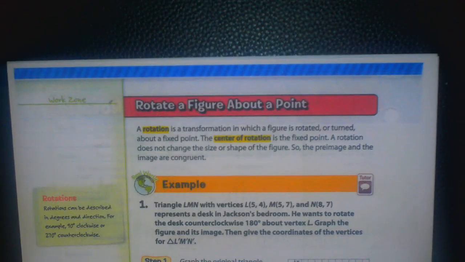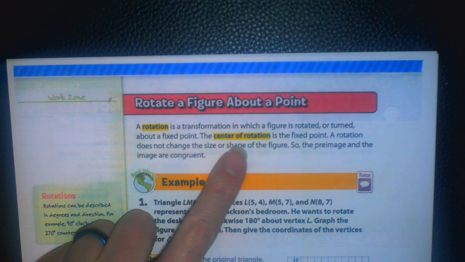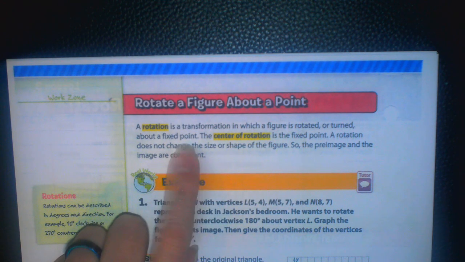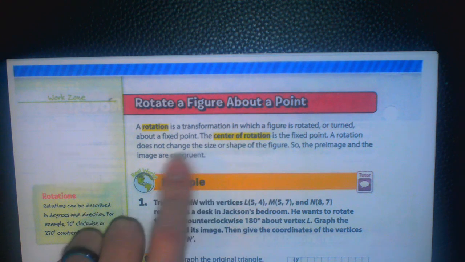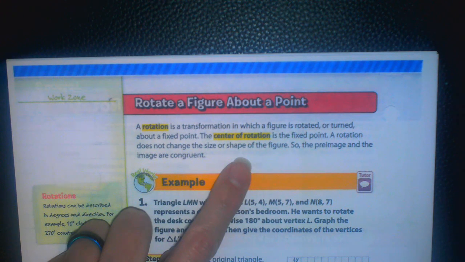Okay. So we want to rotate a figure about a point. A rotation is a transformation in which a figure is rotated or turned about a fixed point. The center of rotation is that fixed point. A rotation does not change the size or shape of the figure.